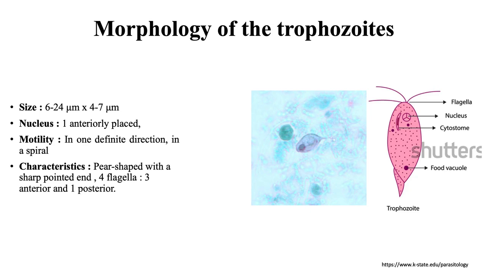And the motility is in one definite direction, or sometimes looks like a spiral, and the shape is spiral shaped. That's why sometimes it's so hard to distinguish between this one and the Giardia, but it has 4 flagella.